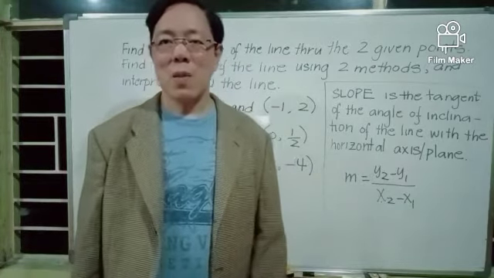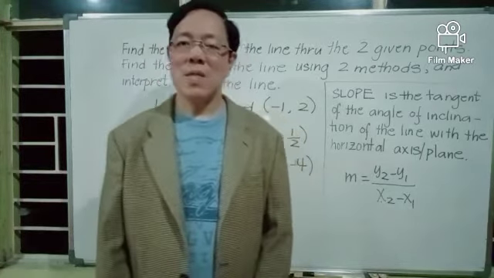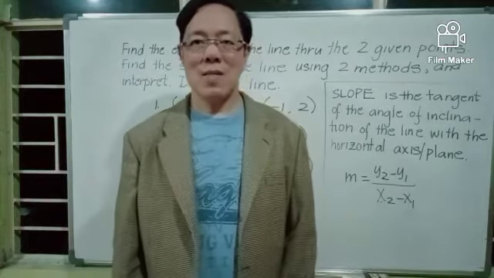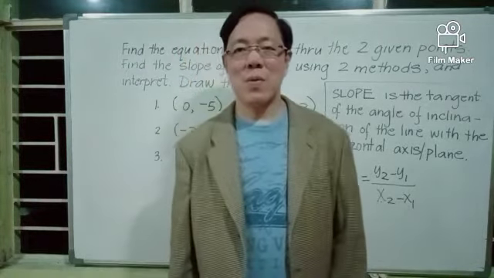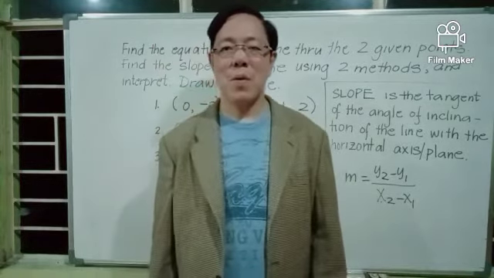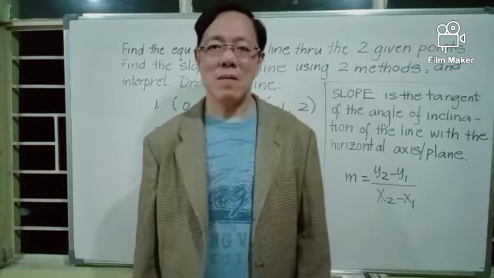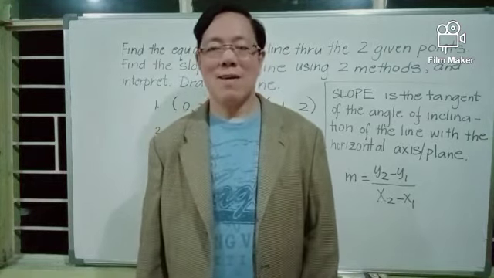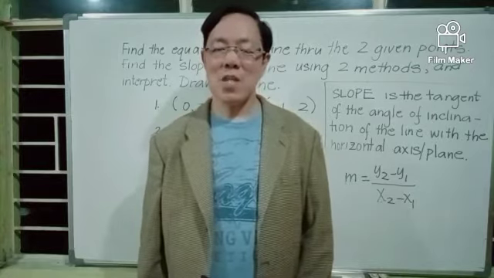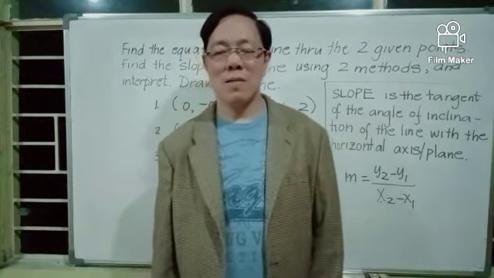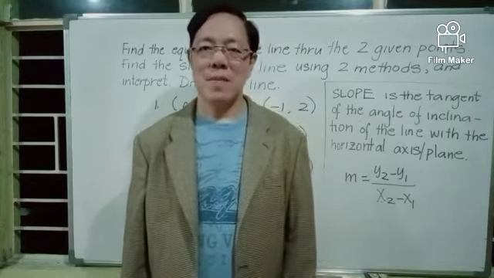Now, we define slope, and our definition of slope uses a trigonometric function which you must have taken from your course in plane trigonometry or even in geometry. The slope is defined as the tangent of the angle of inclination of the line with respect to the horizontal line or horizontal plane.